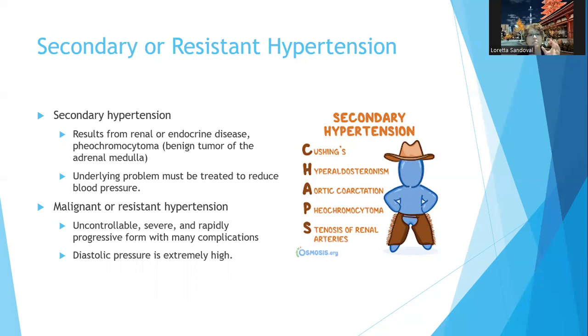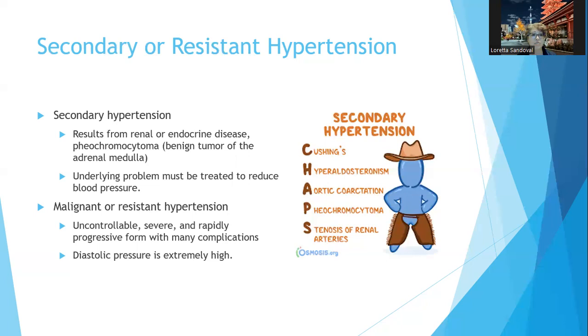The underlying problem has to be treated in order to reduce blood pressure. So for essential hypertension, they treat the blood pressure. For secondary hypertension, they have to treat the underlying problem. We've seen that a lot in other disorders: whatever underlying problem is causing the disorder has to be treated first in order to make it better.